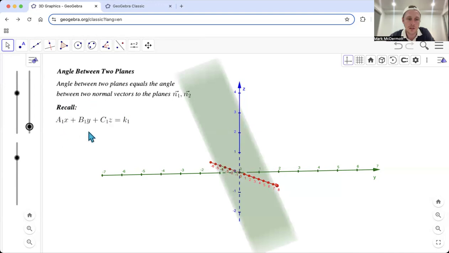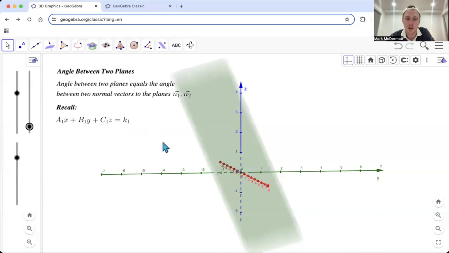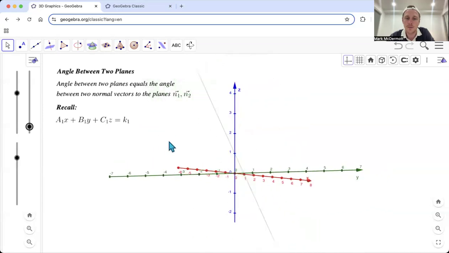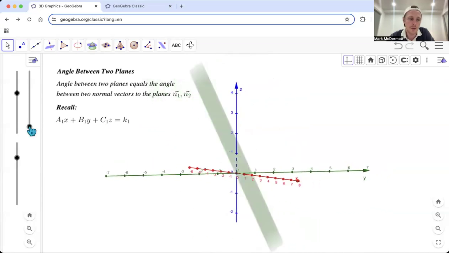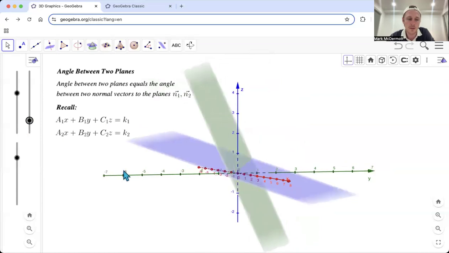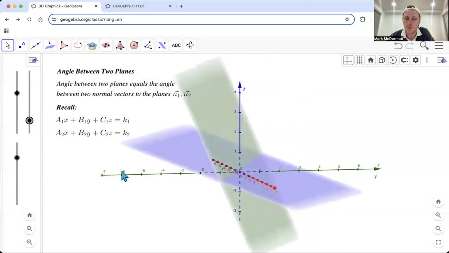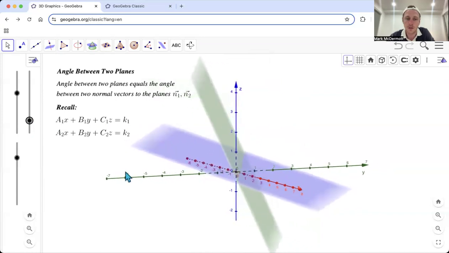First, recall that you've got some Cartesian equation, a1x plus b1y plus c1z equals k1. I'm going to use this green plane here to represent that. That's the first plane in space, and then we've got a2x plus b2y plus c2z equals k2, our blue plane that we've got going on here.